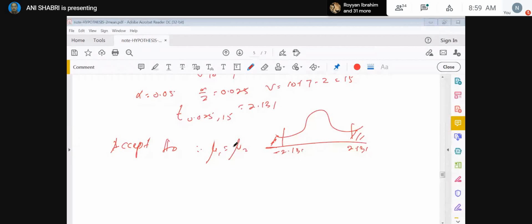The rate. Okay, jadi the mean same. Okay, jadi jawapan betul ni. Ahmad dah clear. The mean.